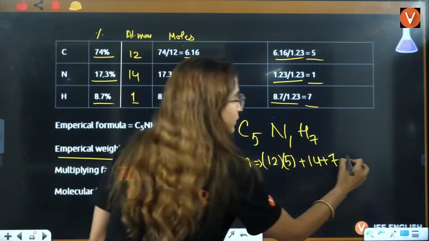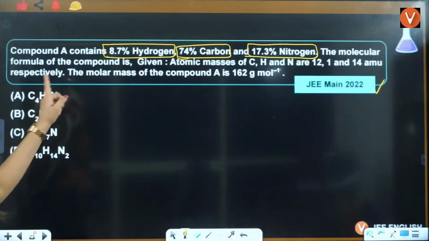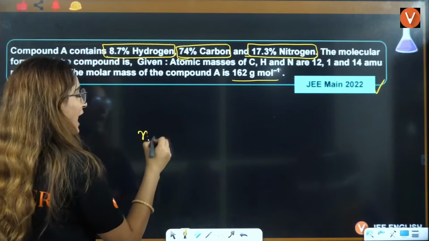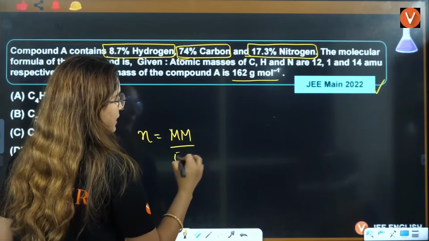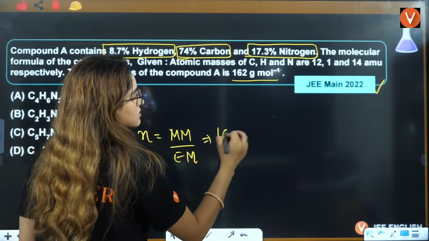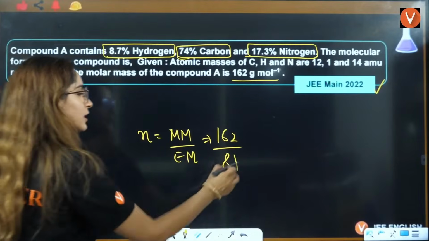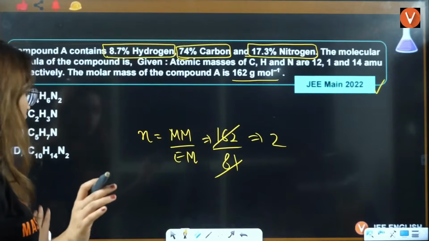Molecular mass is already given to us, molar mass is 162. So if I say n is equal to molar mass by empirical mass, that is 162 divided by 81, right? This will always be a simple integer, so this is going to be 2.